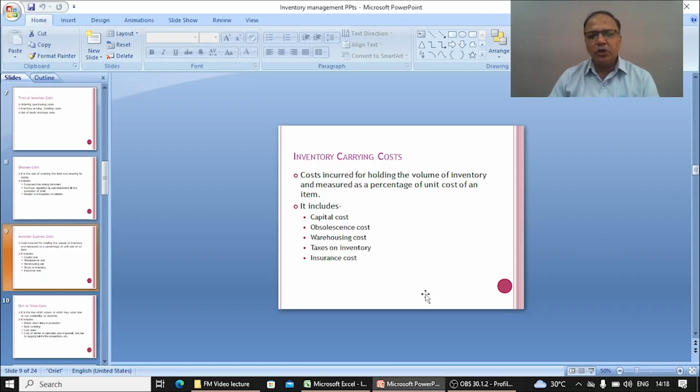Sometimes you have to pay some insurance cost also. Insurance means, for example, you have total raw material or finished goods in your godown, and the cost of the raw material or finished goods is around 1 crore rupees, then there are a number of risks you may face in the future. It may be theft, it may be loss by fire, it may be a case of robbery.